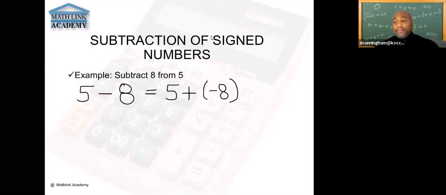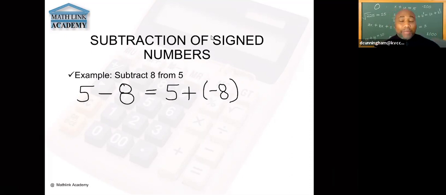If we do that, you can always change all subtraction problems to addition problems if you like this particular way of doing it. Now, if you look at this, we're saying 8 minus 5, and then we take the greatest. The absolute value of 5 is 5. The absolute value of a negative 8 is 8. So we take 8 minus 5.